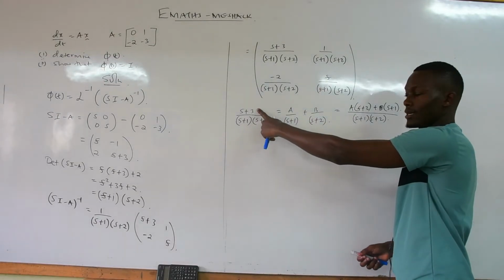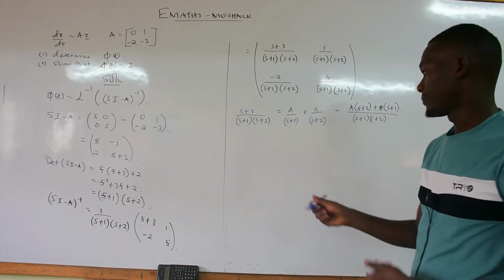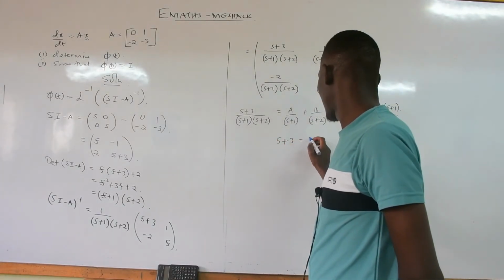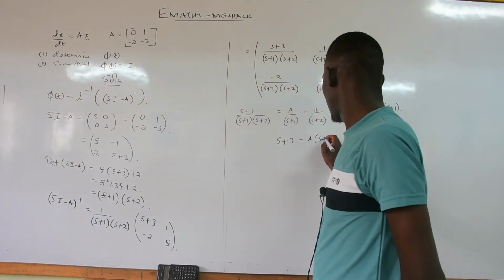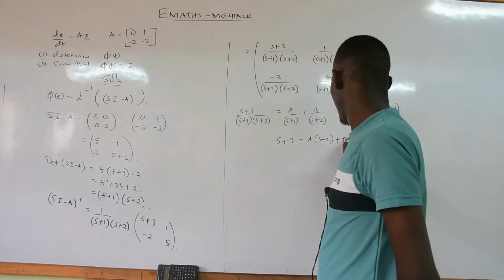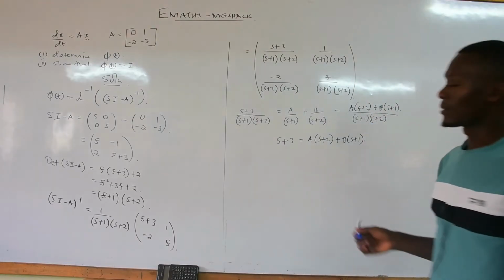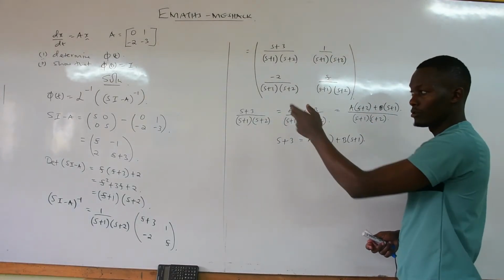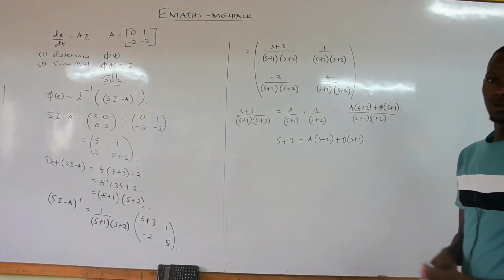So we shall have s plus 3 should be the same as a times s plus 2 plus b times s plus 1, because the denominators are the same. Therefore the numerators also have to be the same.